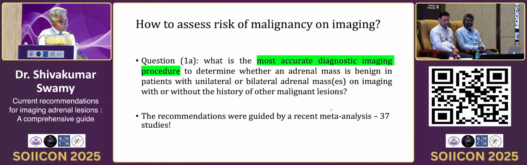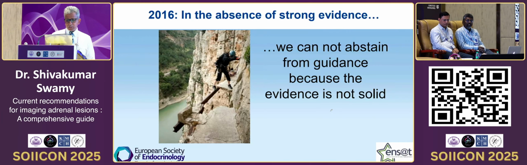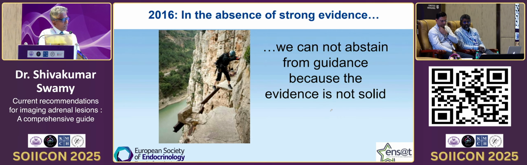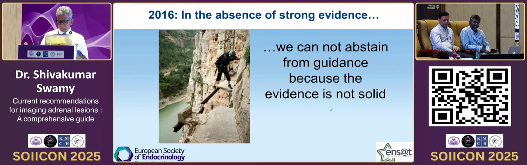They looked at different meta-analyses and papers, at least 37 studies. This is not just a slide for radiology, but for managing adrenal incidentalomas in general. In 2016, they said there was not strong, good evidence to say that with such a test we can absolutely say this is benign and this is malignant.